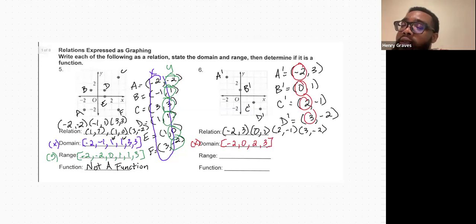Use blue. I'm going to circle all of my range, which are my Y numbers. From least to greatest, we have -2, -1, 1, and 3. And then our function, obviously, we have different X numbers, so this is going to be a function.